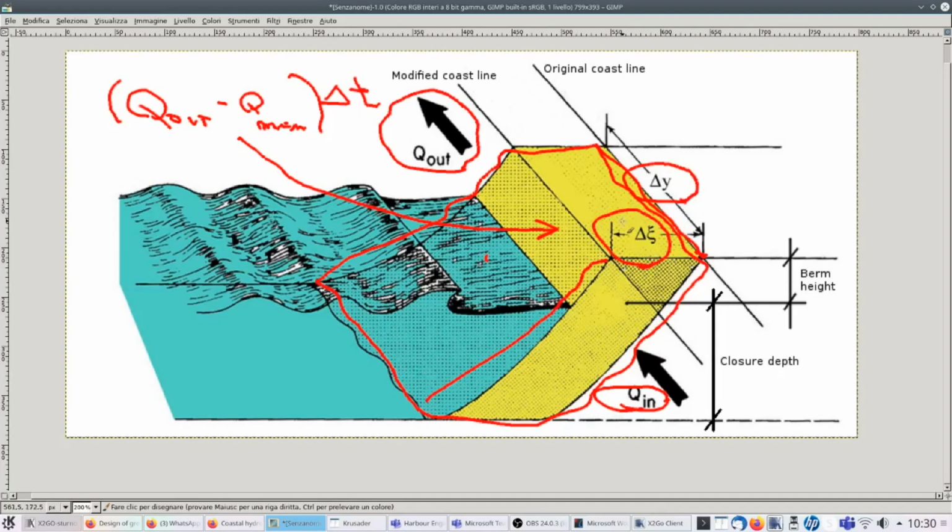Delta xi is the movement of the beach, the movement of the coastline. So basically it gives an idea of whether the coastline moves forward or backward.